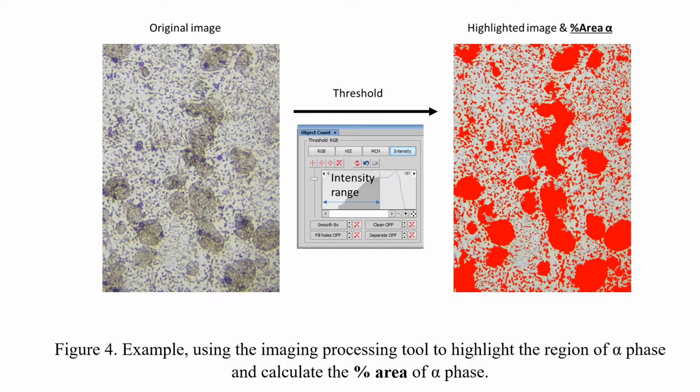As an example shown in figure 4, the image was analyzed by defining a lower range of intensity, that is the dark region, to highlight the area representative of the alpha phase in order to find out the percentage of area of the alpha phase.